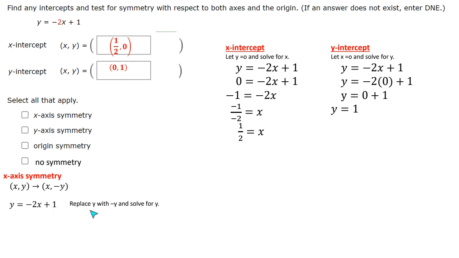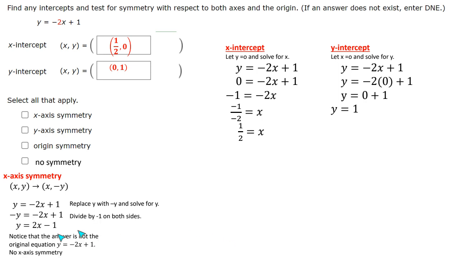We replace the y with a negative and solve for y. So now we have y equals negative 2x minus 1. To determine if there's symmetry on the x-axis, you compare your result with the original equation.